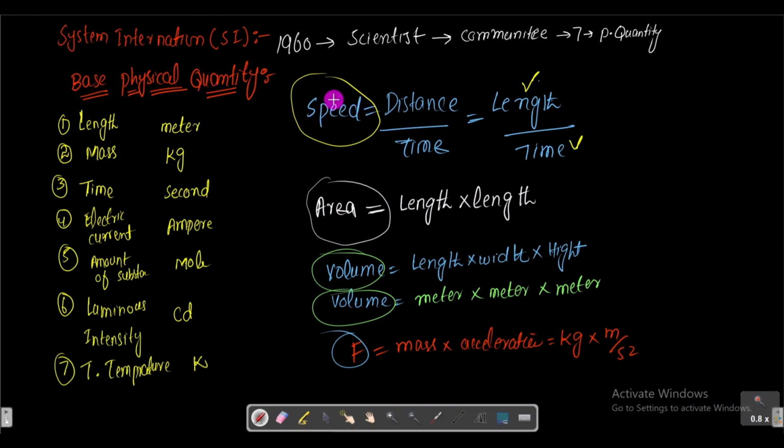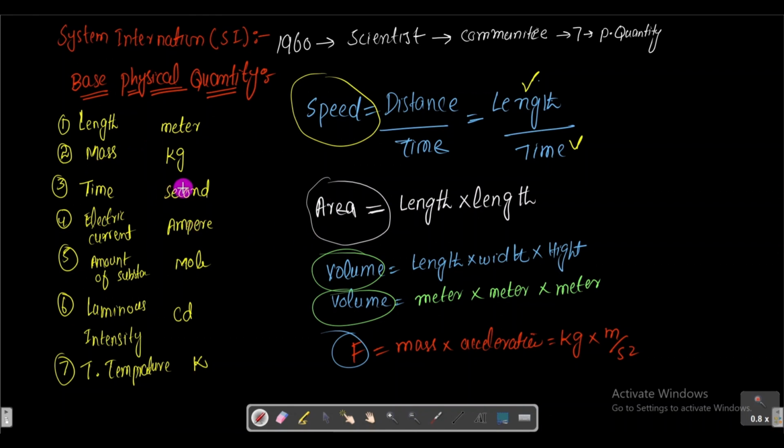Speed is also derived from the base physical quantities, and so are area, volume, force, and all the formulas present in your book and throughout physics. The formulas will always end up with units, and those units will be among the base physical quantities.